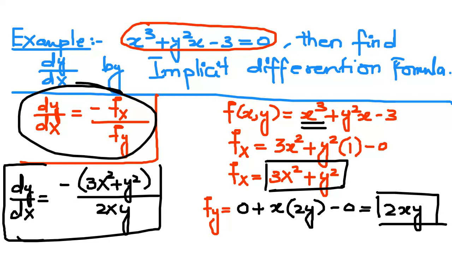Now if you have an equation with more than two variables, how can you apply implicit differentiation? There are different formulas, and there is a theorem for an equation of three variables.